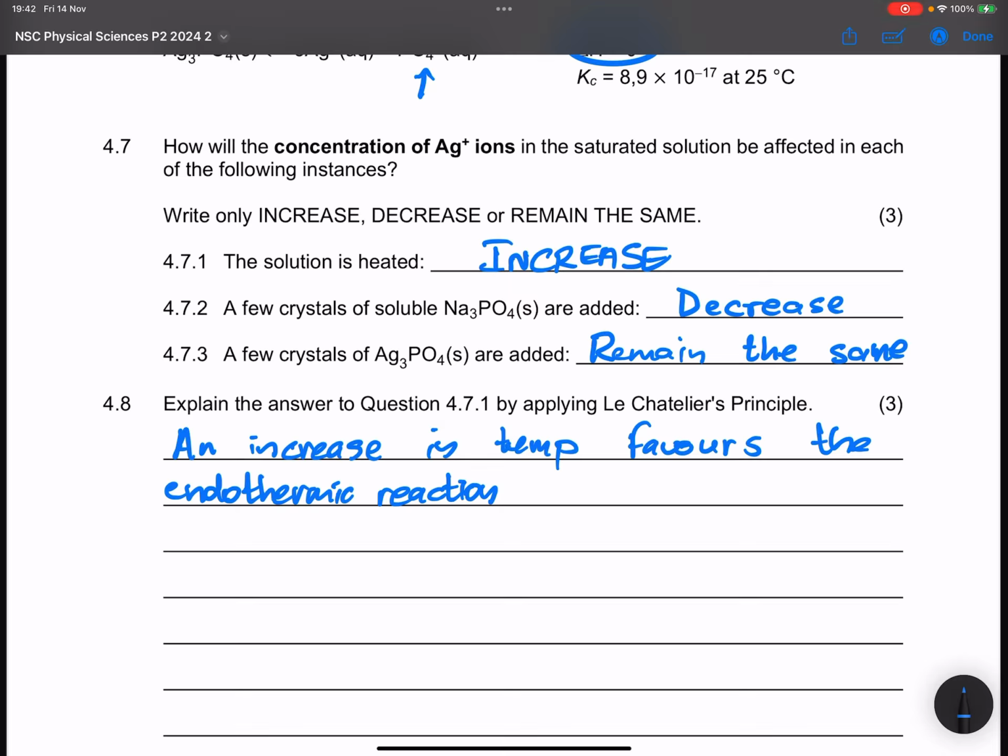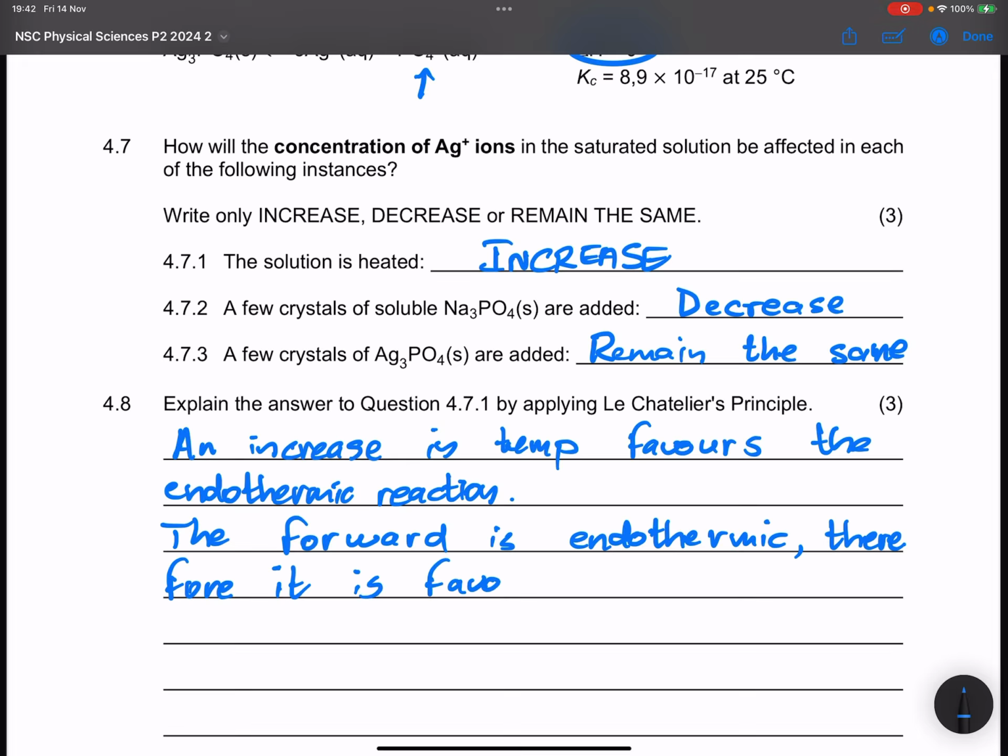All right, the forward reaction is endothermic, therefore it is favored, right?